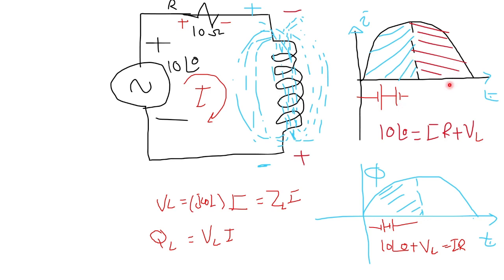In the second quarter of the wave, the voltage polarity reversed, so that the coil is releasing the stored energy back to the circuit, opposing the reduction in the current value.